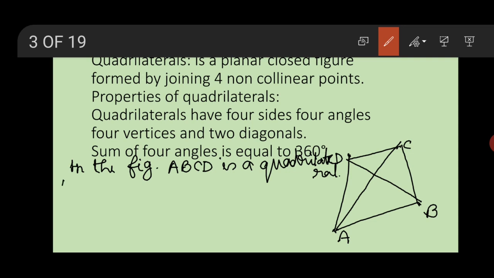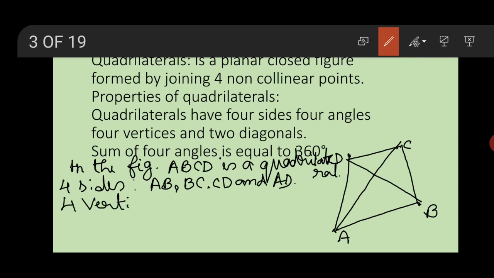Here four sides are AB, then BC, CD and AD. And what are the four vertices? Four vertices are A, B, C and D. And what are four angles?